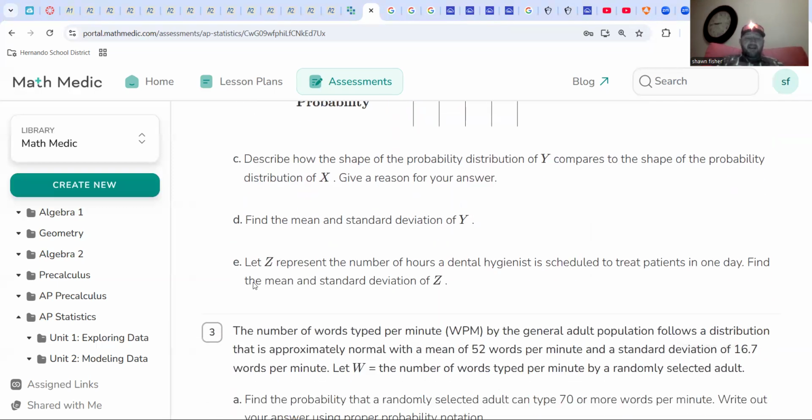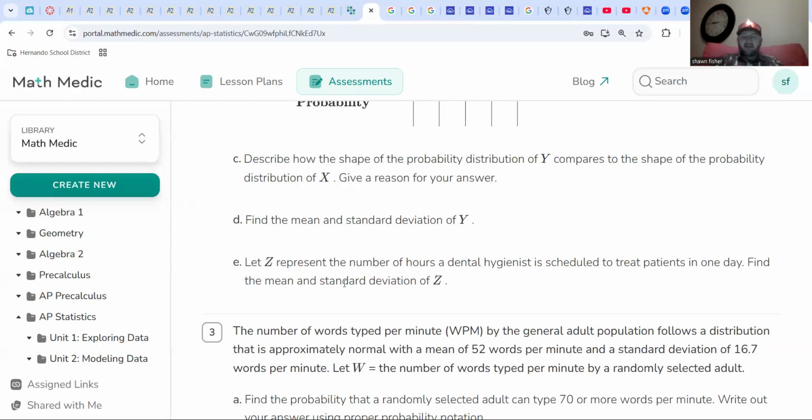All right. Part E, let Z represent the number of hours. Oh, okay. So really, I'm going to take the mean and divide it by, how do I get minutes converted to hours? Let's divide everything by 60, and we should get our answer from there.